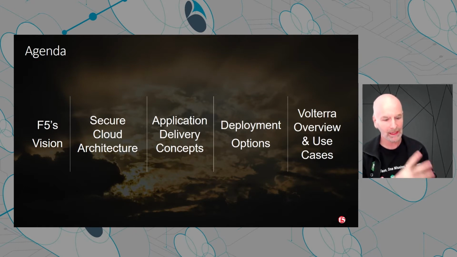Then thinking about those functions, how can you deploy them? So what are the different deployment options that F5 offer? And then finally, we're going to talk about a very new acquisition of ours, Volterra, and provide an overview and then go into some use cases to help give an understanding of actually what Volterra is and what the power is.